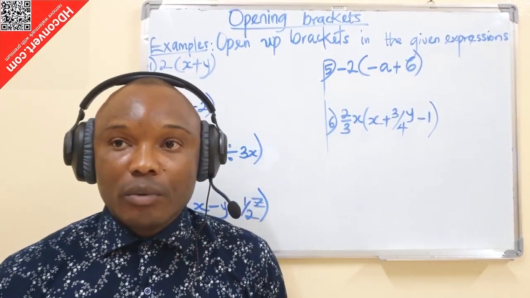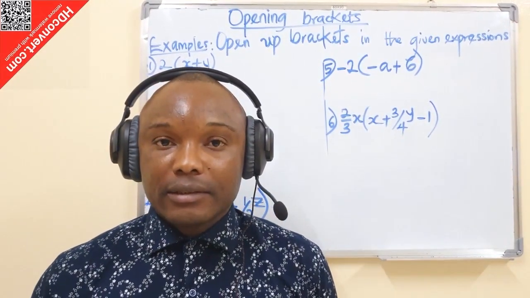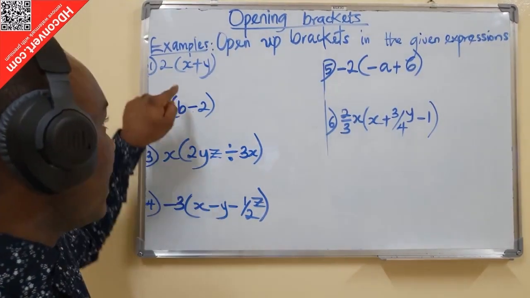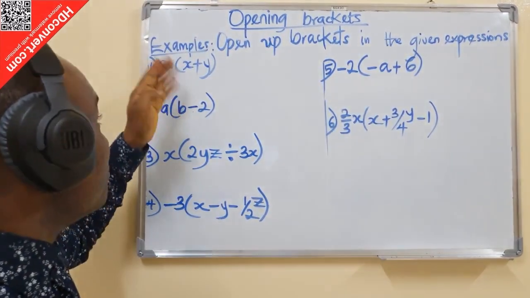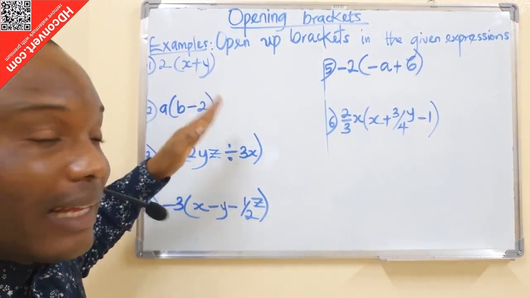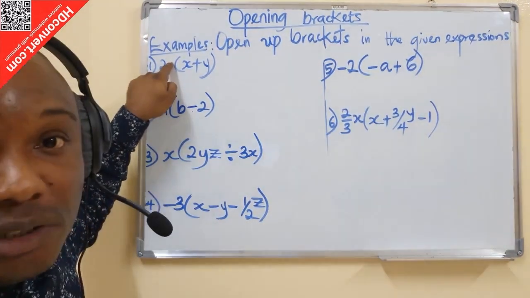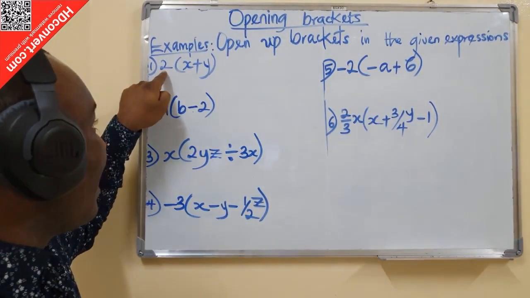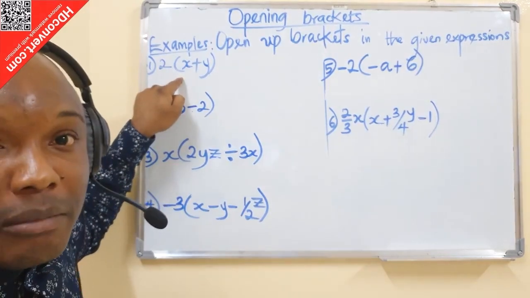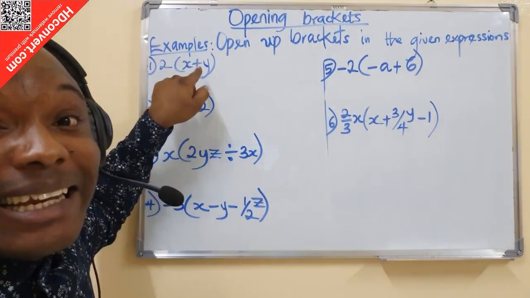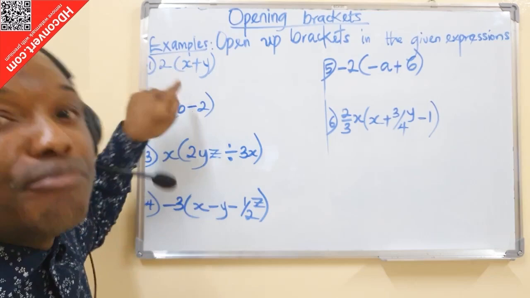In today's class, we want to learn how to open up brackets. As a rule, each time you see a number right before a bracket, that is, if there is no mathematical operation between a number and a bracket, it simply means that the number is multiplying everything inside that bracket.